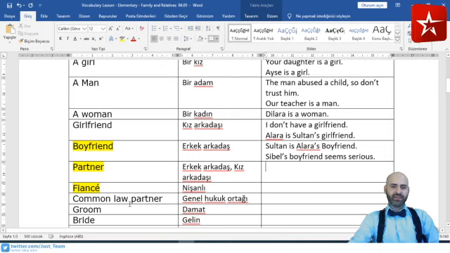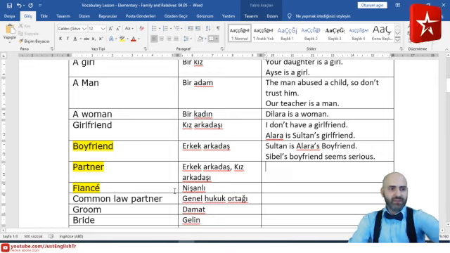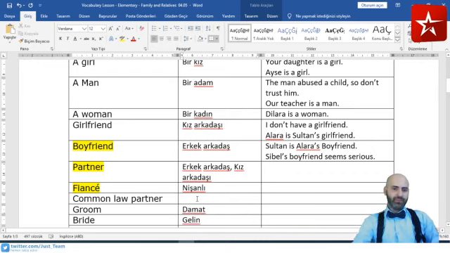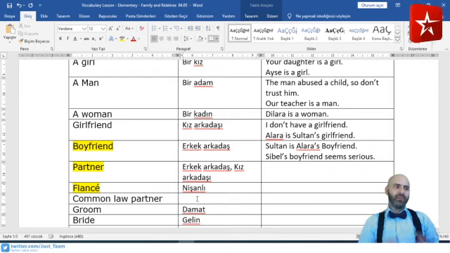Now let's continue with the next one and let's write something about this one, common law partner. Probably this is not a correct translation in Turkish, and I will explain what a common law partner is. Some people don't get married.